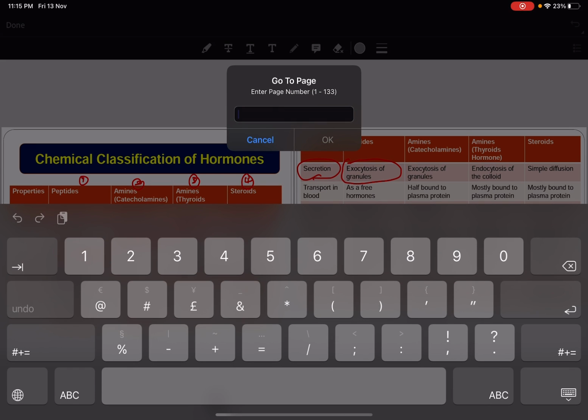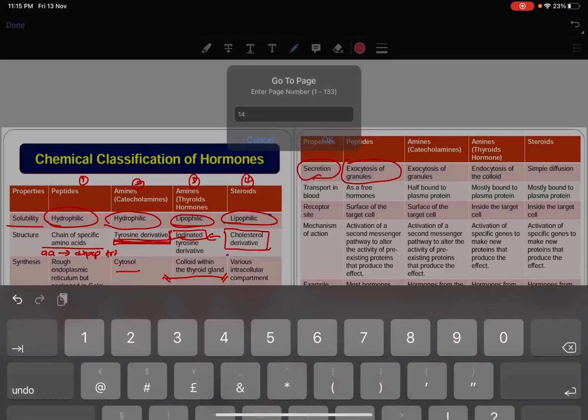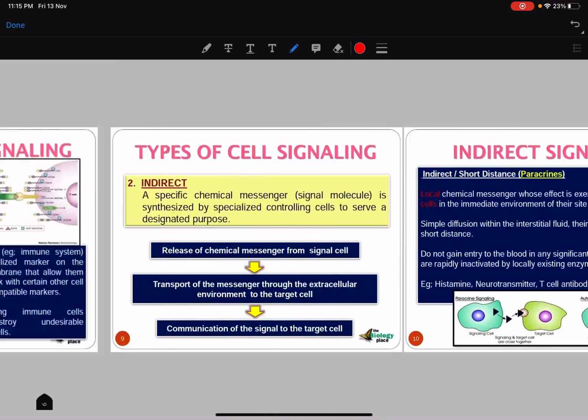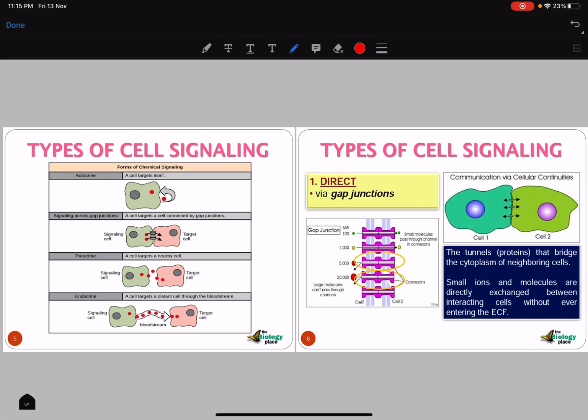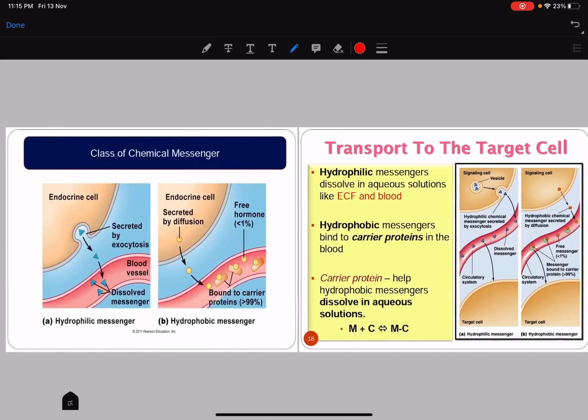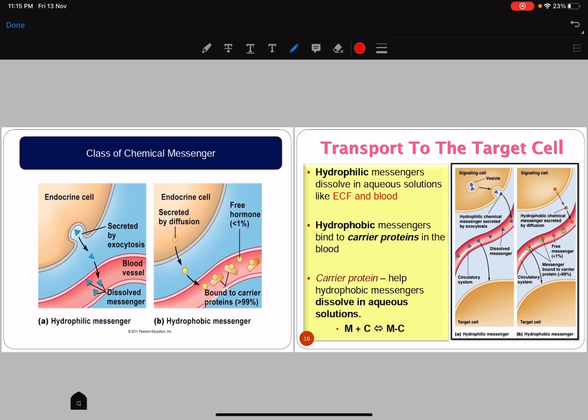Let me see here, maybe number 14. Yes, this one.